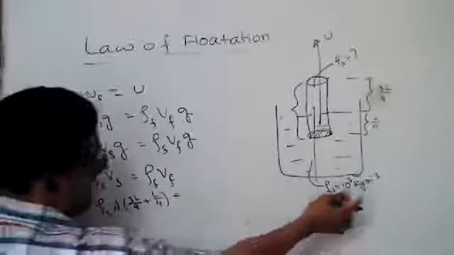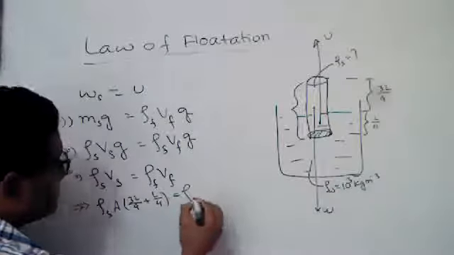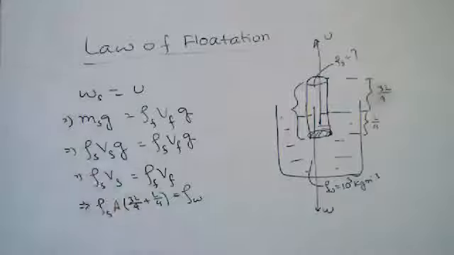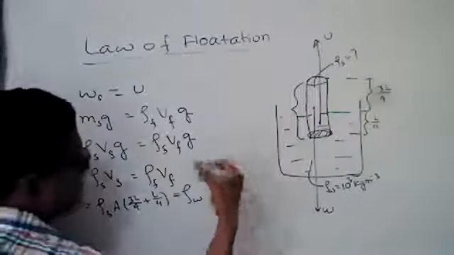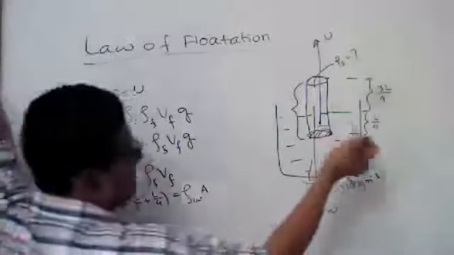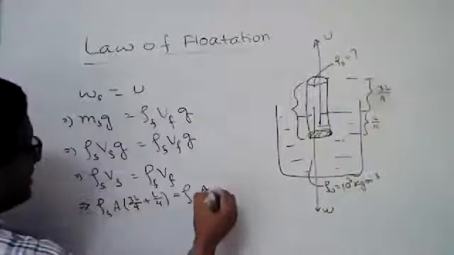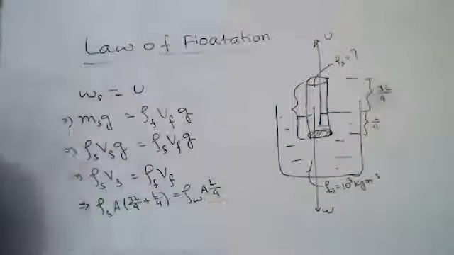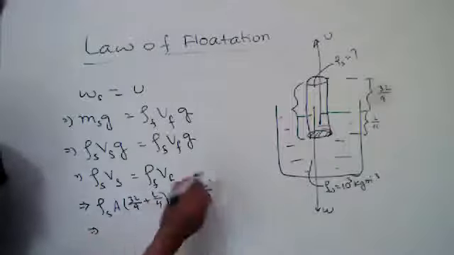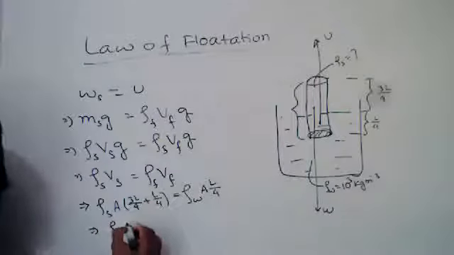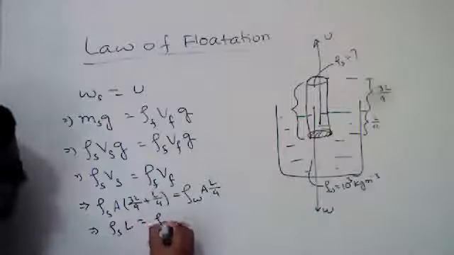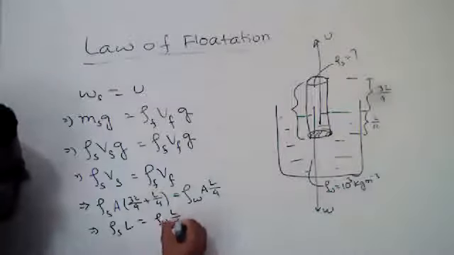The liquid is rho W, and the volume of the submerged part of the cylinder is A into 3L by 4.